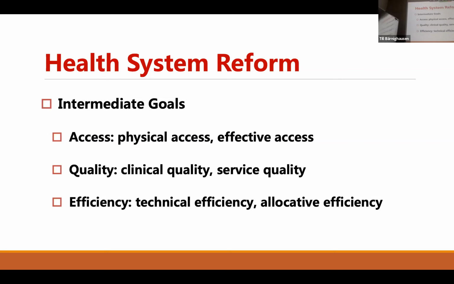And allocative efficiency defines whether the combination of those healthcare services is optimal. Are we providing the optimal combination of healthcare services? So access, quality, and efficiency are the intermediate goals for healthcare system evaluation.